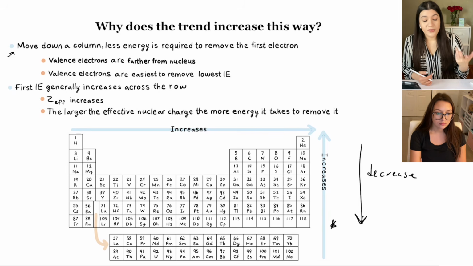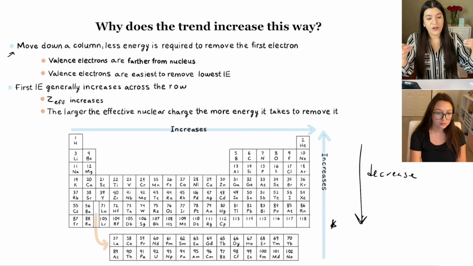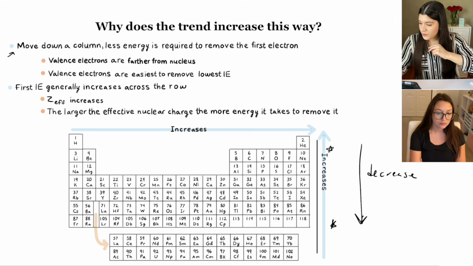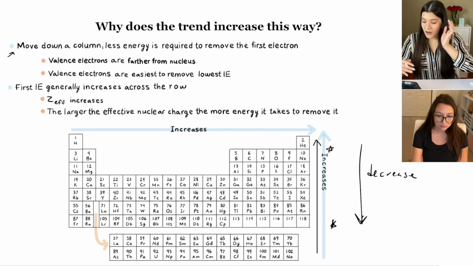So it's talking about valence electrons. Because valence electrons are on the outermost shell, and they're the furthest away from the nucleus, those are going to be the easiest to remove. So those are going to have the lowest ionization energy. And then if we were to reverse this, if this is going up, then I know the opposite holds here.